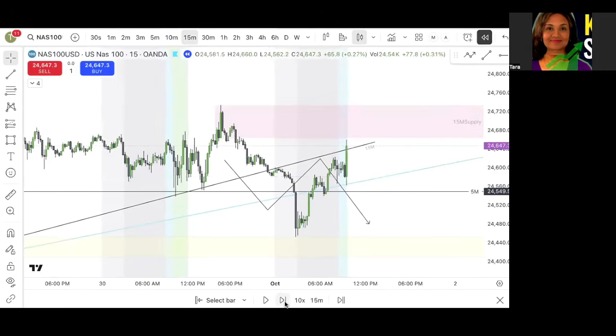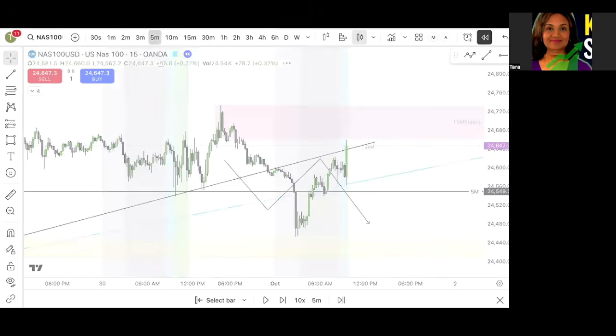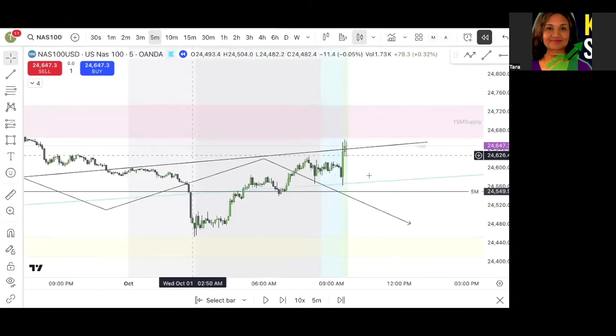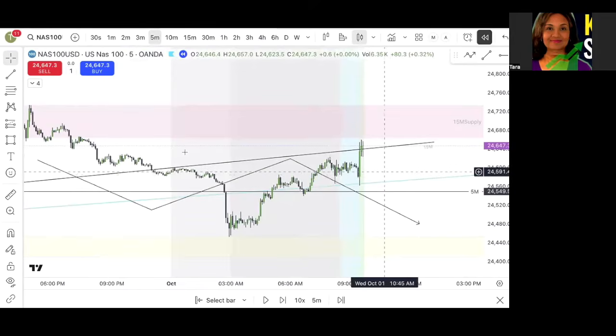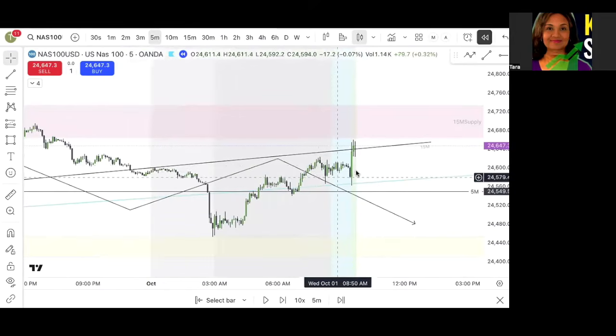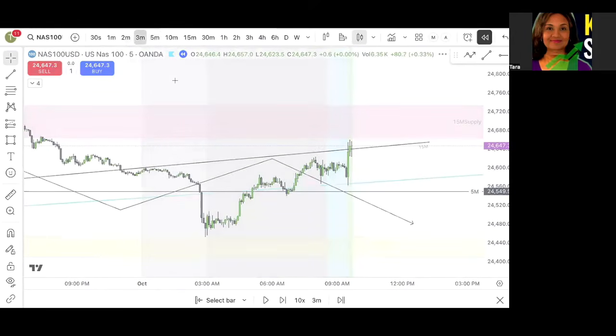All right, so here's our 9:30 candle. All right, and so that's how it looks on the 15-minute time frame. So clearly we have retested this trend line zone. We retested this area. And what we'll do is go down to the 5-minute to see how it looks. And so it looks like we almost have a 3-bar reversal. So we'll see how this candle looks on the 3-minute.